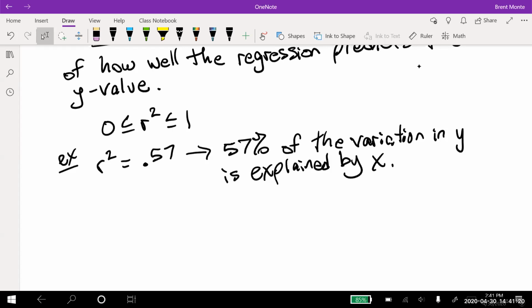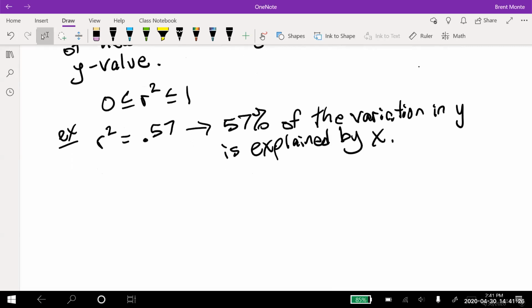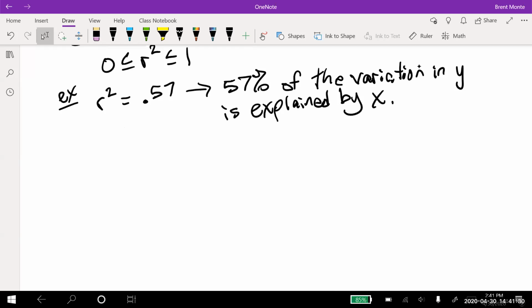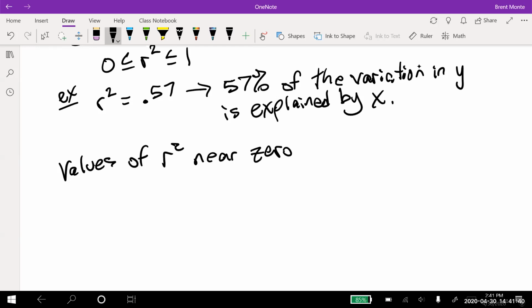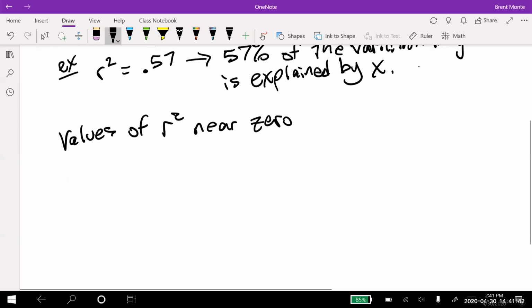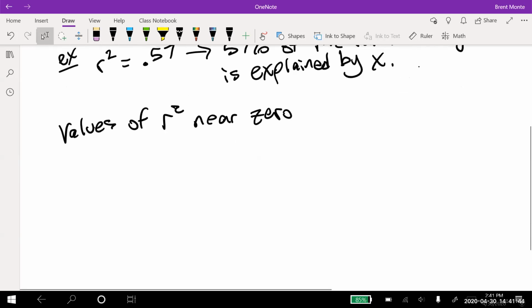So notice right now, 57%, well, pretty good, a little over half, but notice that's why it goes between 0 and 1. So notice values of r squared near 0 are really not helpful at all in figuring out what y is.